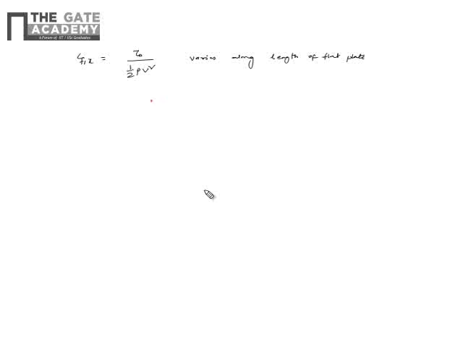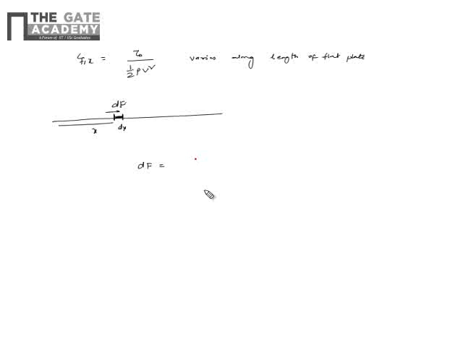But we are interested in the drag force on the entire surface, right? So if at a distance x this is CFX, I take a small length dx, and on this dx the drag force, let's say, is df. So df is the small drag force on this differential element dx.